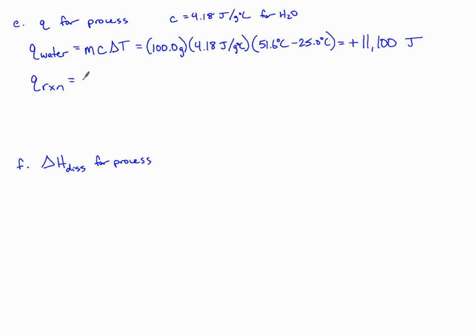So Q for the reaction equals negative Q of the water, which means that this reaction released 11,100 joules. And so this process of dissolving was releasing energy. The water is heating up, it is absorbing that energy.